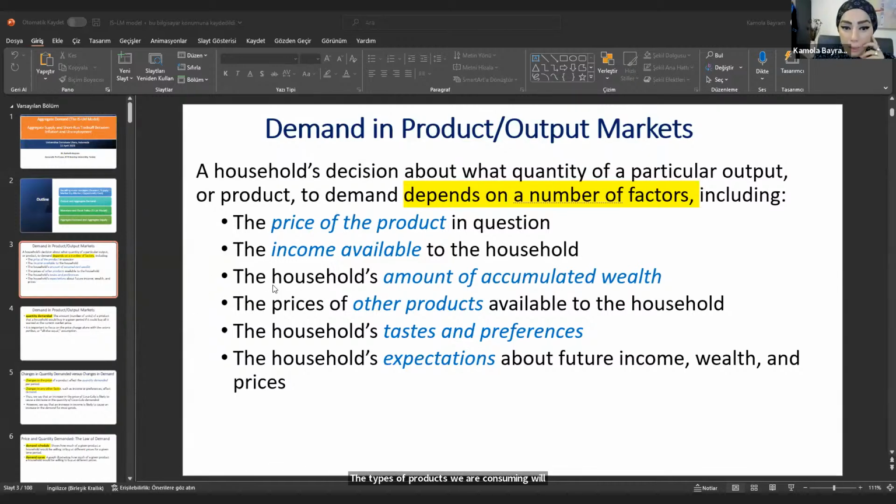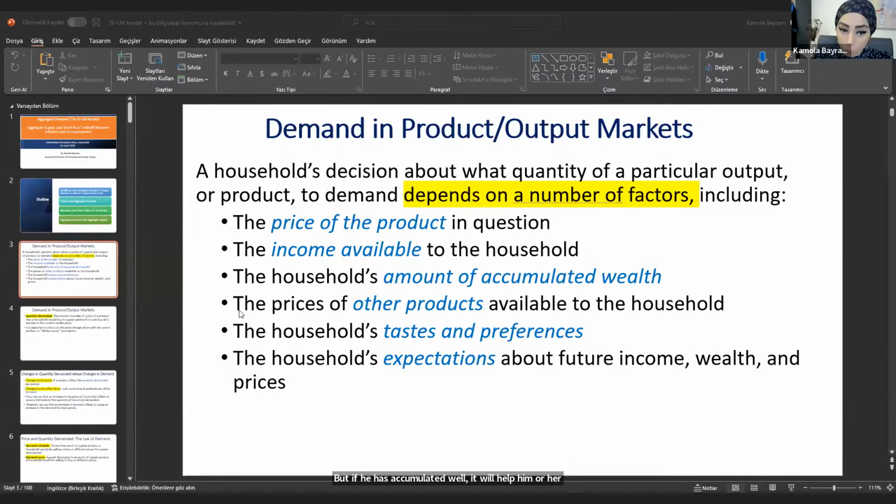Now, the next one is the household's amount of accumulated wealth. Income alone is not enough, so we also look at accumulated wealth. Even if there is a change in income, let's say the person was fired from work or temporarily doesn't have any source of income, if he has accumulated wealth, it will help him or her maintain the same level of consumption, right?